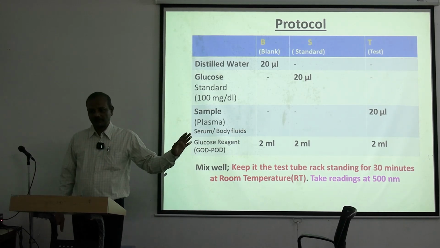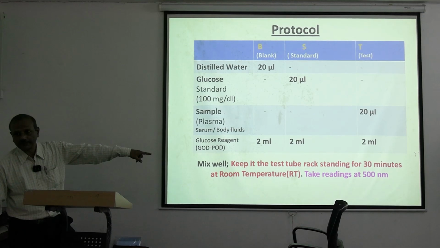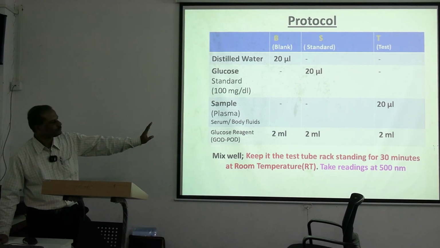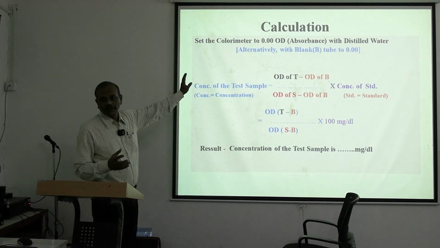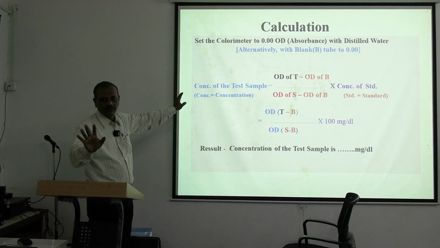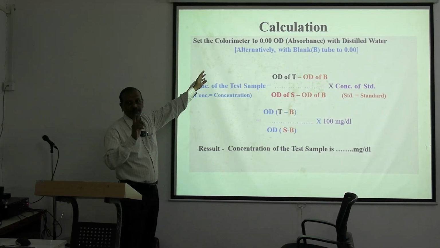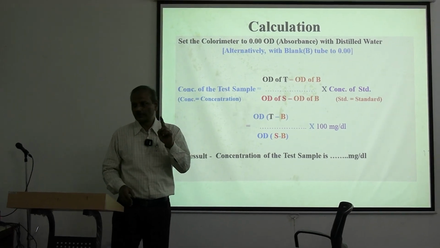Now after you have done it, you are taking a reading. That reading you have to note down. In the colorimeter, you will do this thing. It is very simple to remember. The colorimeter has a setting. Suppose you are taking a weight. The weight machine has to be set to 0.